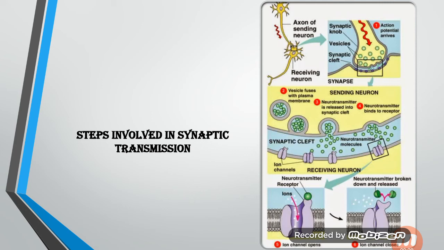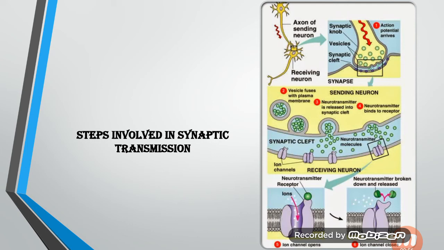Now in step 5, the binding of the neurotransmitters to the postsynaptic neuron receptors opens some channels and allows sodium ions to diffuse across the postsynaptic membrane. As a result, postsynaptic membrane depolarizes and an action potential is generated.